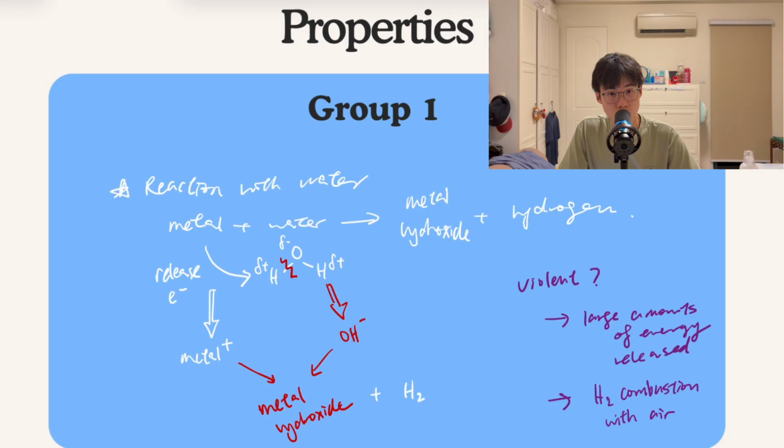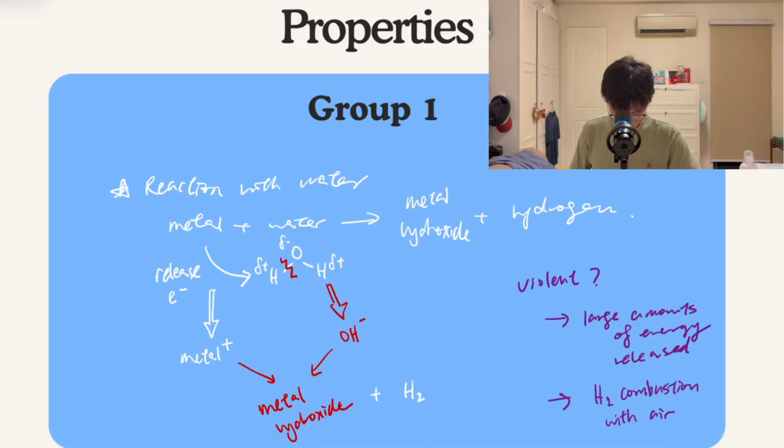Therefore, it has a relative positive charge within the water molecule. The single electron from a group 1 metal atom will be attracted to it. And as a result, that is able to break the bond here within the water molecule, and then the remaining part converts into a hydroxide ion.